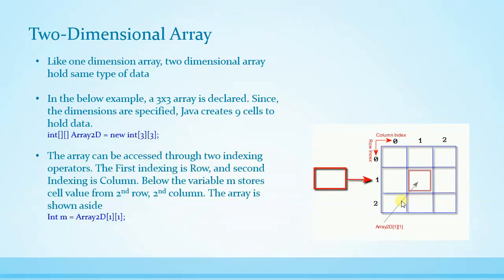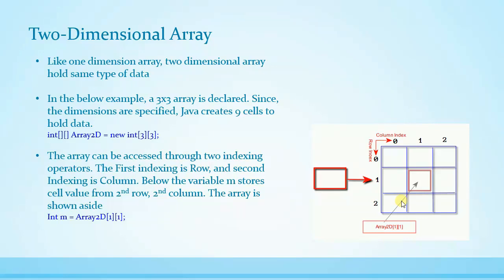Here the picture shows how the center cell is picked by the indexing operators. array2d is the identifier given to the two-dimensional array. So we specify array2d 1, 1: in the first square bracket we specify 1, and in the second square bracket we specify 1.